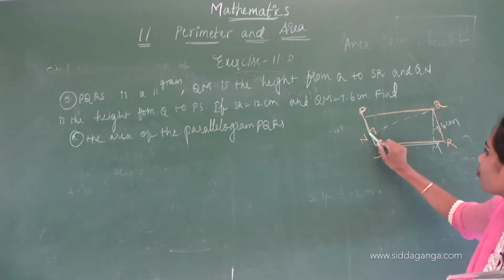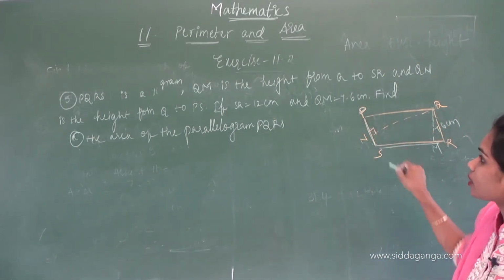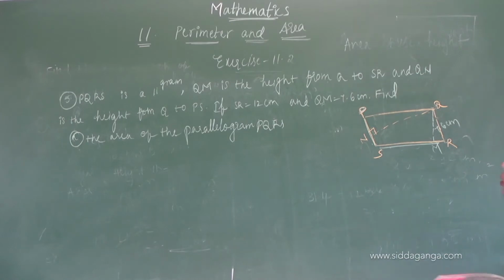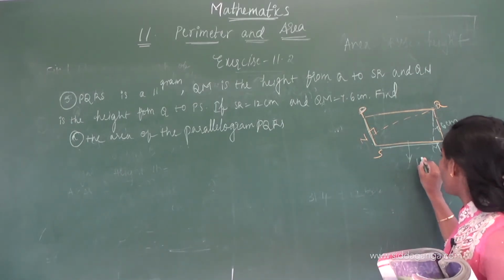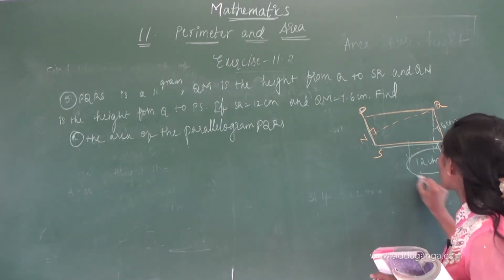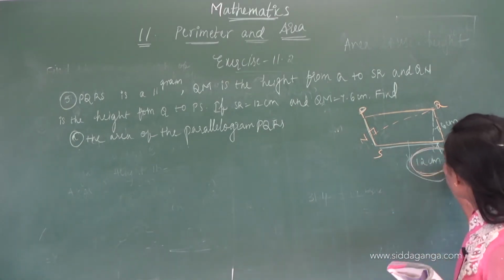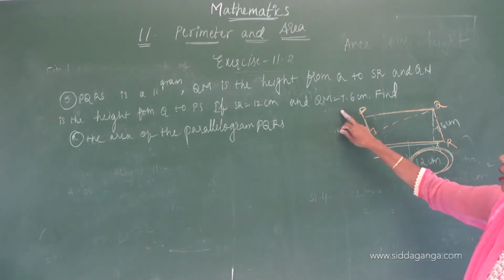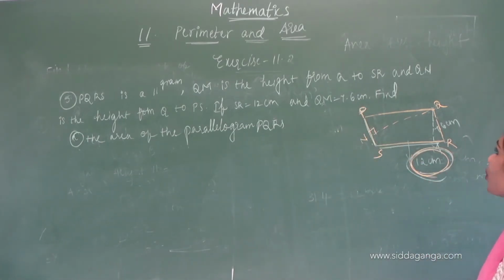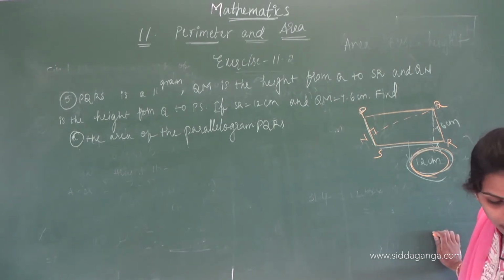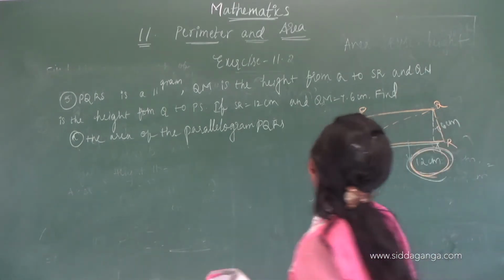If SR equals 12 centimeters, and QM equals 7.6 centimeters. Find the area of the parallelogram.